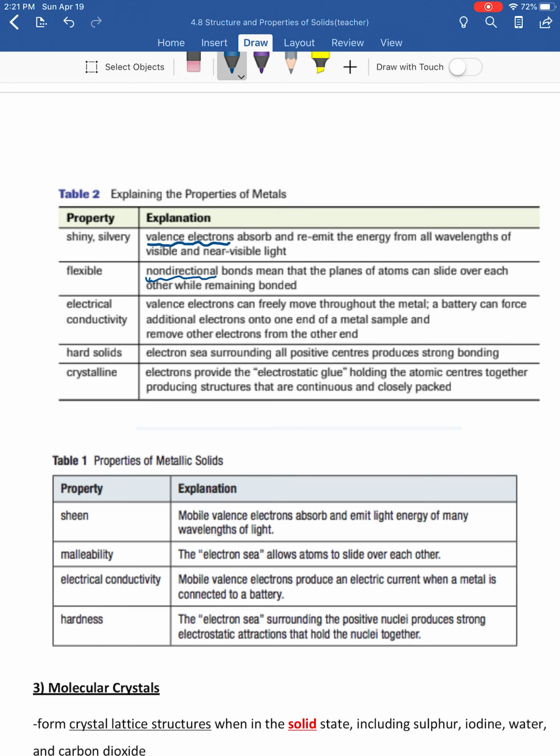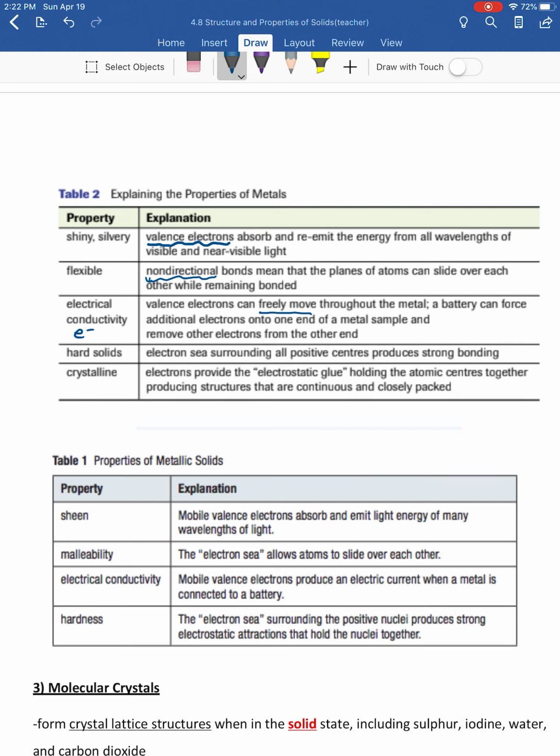There's still the nuclei holding everything together, but those electrons have a lot of movement. Electrical conductivity: when we're talking about electrical conductivity, we're talking about the movement of electrons. These electrons can freely move throughout a metal because of the sea. The fact that they can freely move, that's electrical current.